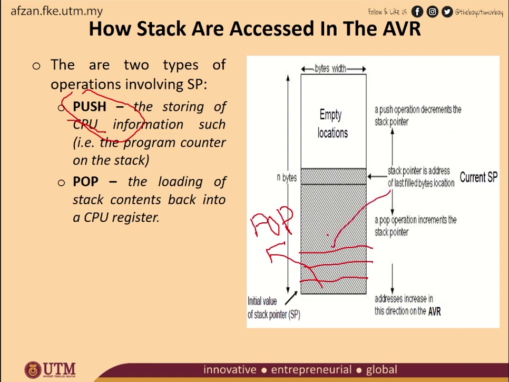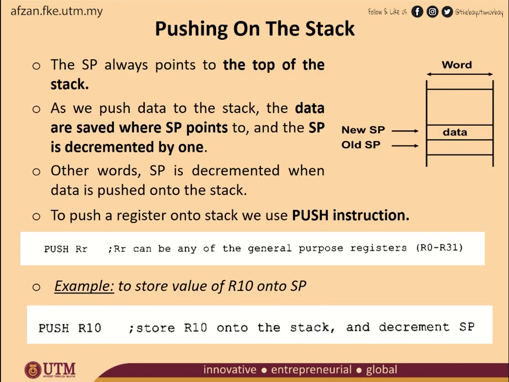Push puts the data to your stack, while pop takes out the data from your stack to your CPU. So how to push a data and pop the data to or from the stack? The stack pointer always points to the top of the stack.